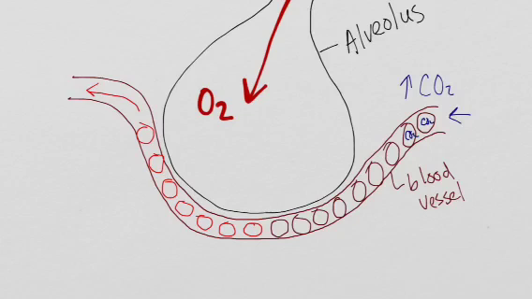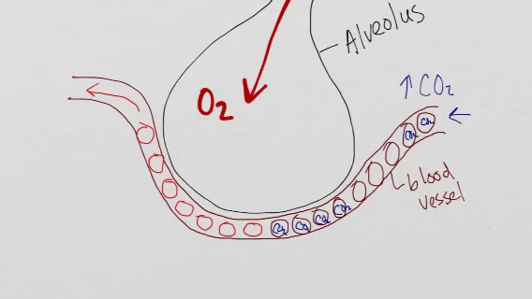As they get closer to the alveolus, we see that there's a higher concentration of carbon dioxide in the red blood cells than there is in the alveolus. Where is the carbon dioxide going to want to go?